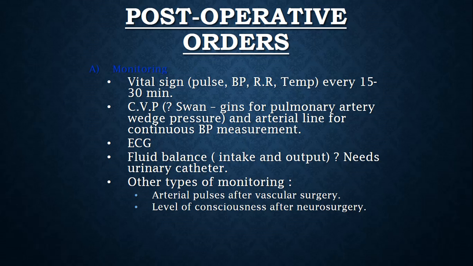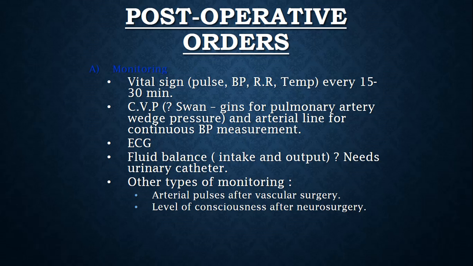What are the postoperative orders? First thing is monitoring. It depends upon the type of anesthesia and type of surgery. For minor or even intermediate surgery, vital sign recording would be as per norm, but particularly for patients undergoing major surgery, vital sign monitoring is done every 15 to 30 minutes for the first few hours, and then after improvement it could be according to the patient's condition. Patients might need CVP monitoring or continuous ECG monitoring.